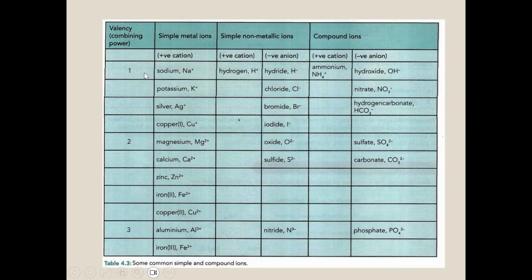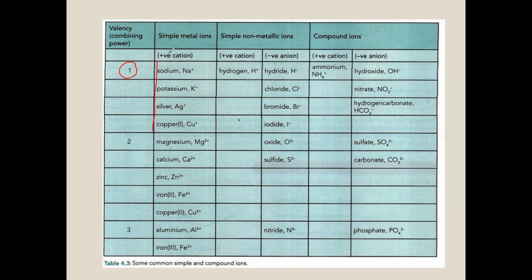These are examples with the valency or the combining power of each element, and whether it forms a positive or negative ion, whether it is metal or non-metal, and the resultant compound. So here is the valency of one, and the elements that are univalent.